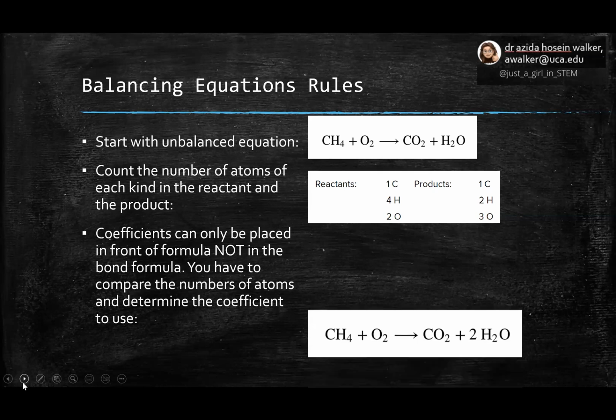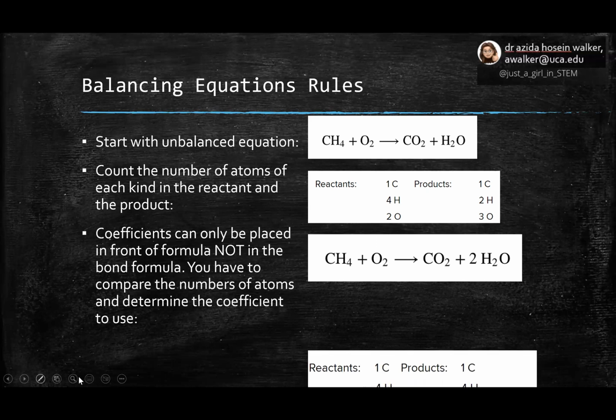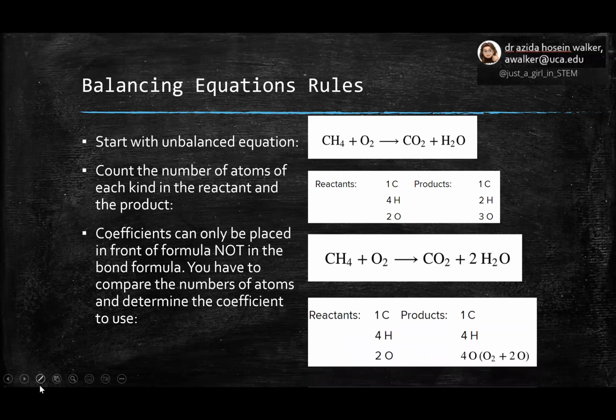So let's go here and we see CH4, O2, our CO2. And now if we put a big 2 in front of our H2O, now we have 4 atoms of hydrogen. All right, so that 2 multiplied by the 2 gives us that 4 atoms of hydrogen.